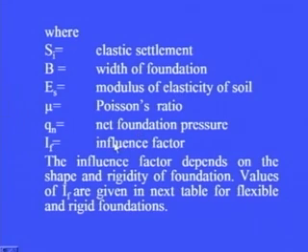IF is the influence factor. The influence factor depends on the shape and rigidity of foundation. Values of IF are given in the next table for flexible and rigid foundations.